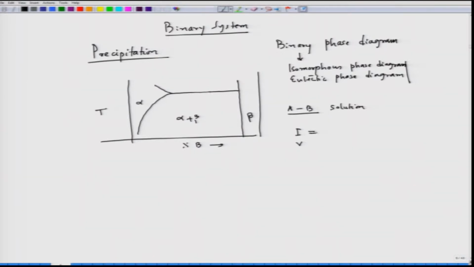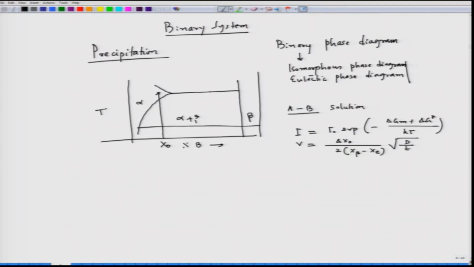At that time the nucleation rate also takes a form like this, and the growth rate takes a form like this, where this is my x0, that means this is the alloy composition we have chosen, and this is the temperature we are trying to see.